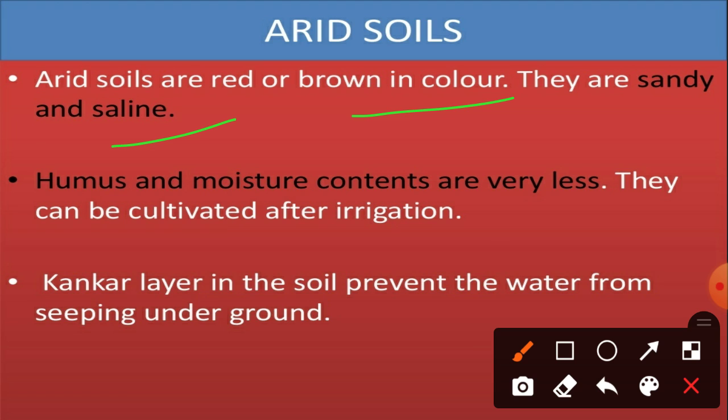Humus and moisture content are very low in these soils, so they can be cultivated after irrigation only, because moisture is very low due to the high temperature and low rainfall. The kankar layer in the soil prevents the water from seeping underground.